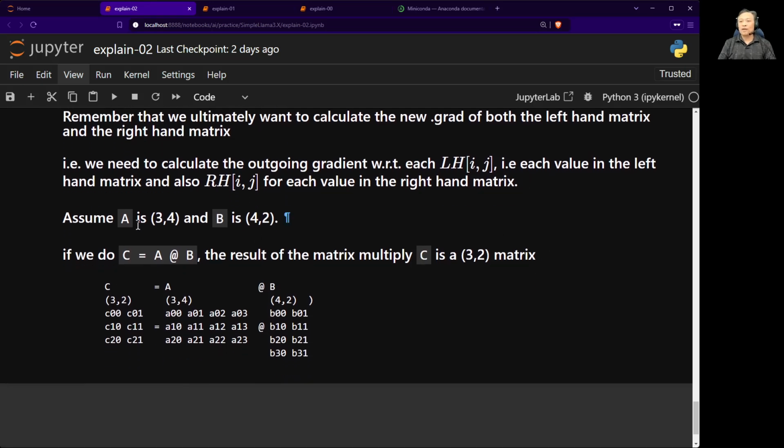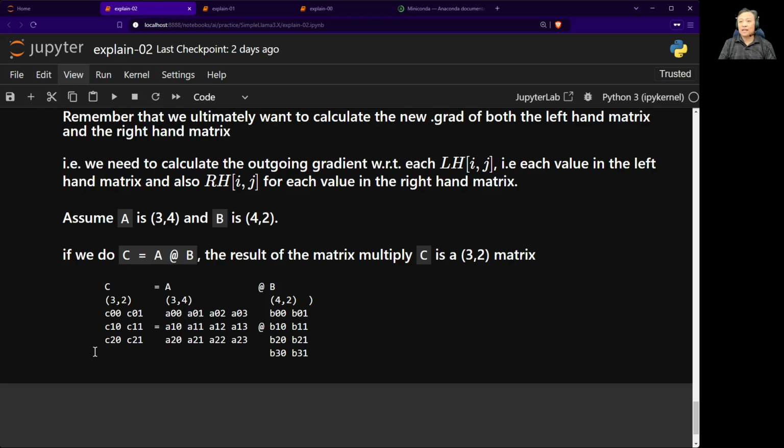So for example, if A is of shape 3 by 4 and B is of shape 4 by 2, and at some intermediate stage we have a matrix multiply of A by B, the result is going to be a 3 by 2 matrix. What you want to do now is calculate the partial derivative of your loss, which is somewhere out here to the left, with respect to A. But that takes multiple steps.